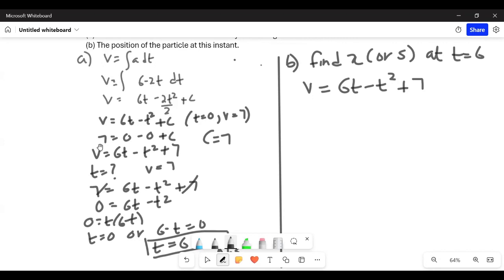Okay, let's integrate this again and get the displacement, because displacement, x or s, comes from integrating v.